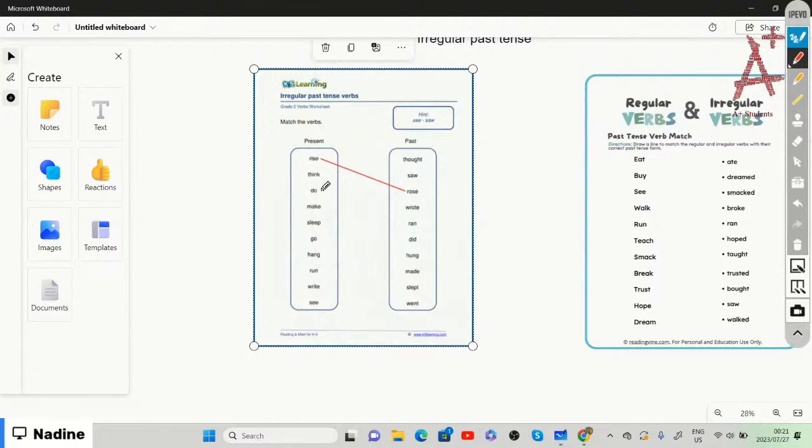Then we have think. We need to match the present tense verb with the past tense form. So think, right, is thought. I think about my homework. Earlier on, I thought about the homework that I need to do.